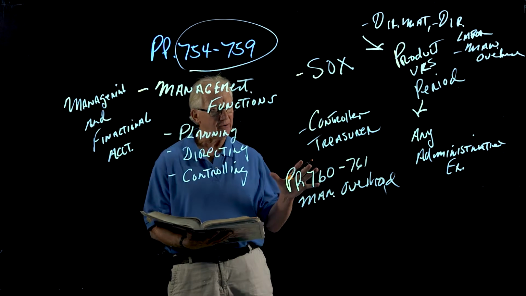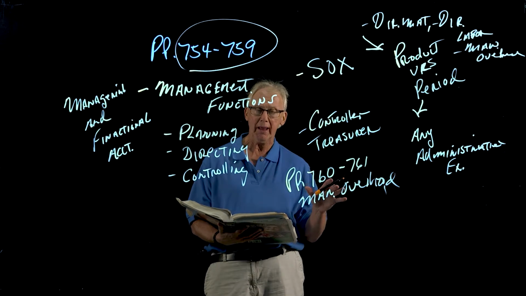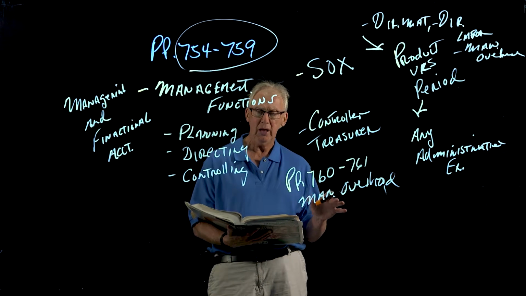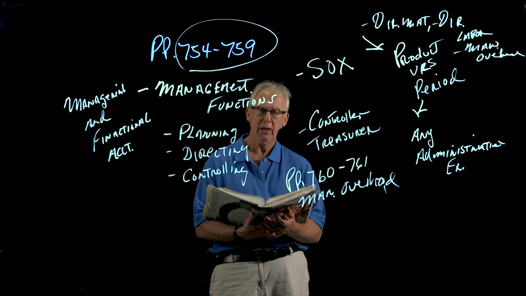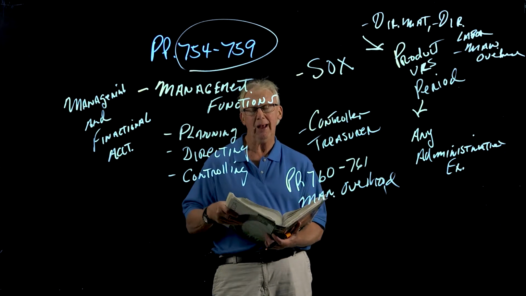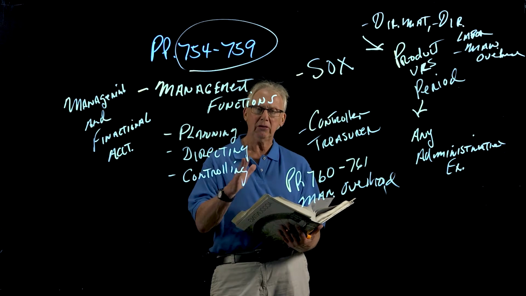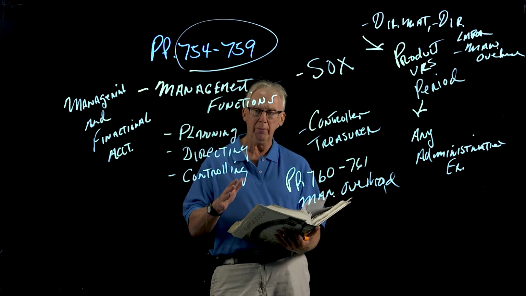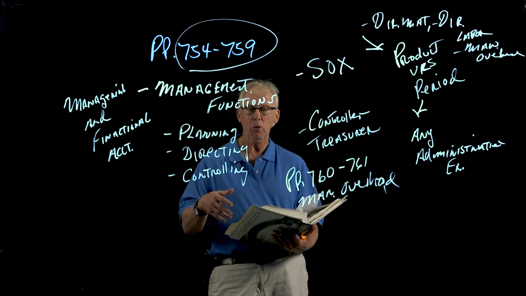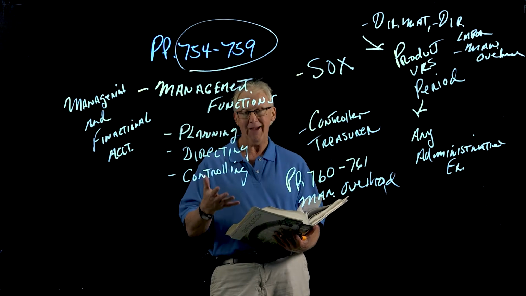Okay, and manufacturing overhead, and this is very important as we move forward in the course, you have to know your manufacturing overhead costs. Now, I tell everybody in the classroom, it is any type of cost that happens that does have the word plant or factory.